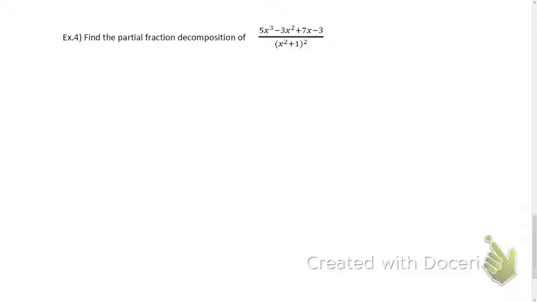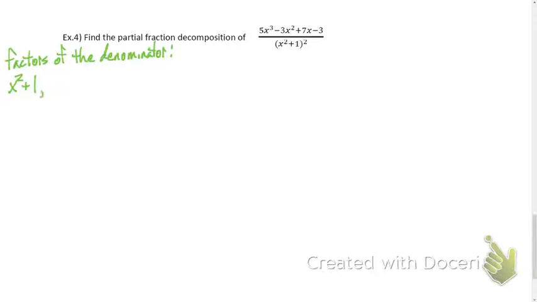So to start out, think about the factors. I was thinking of step 2. Factors of the denominator. What could I multiply by to get that denominator? I could multiply by x squared plus 1.